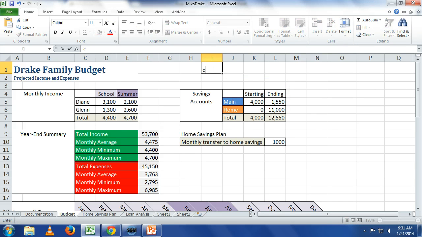Oops, I got caps lock on, I'm sorry. Let's merge and center I1 through J1. It wants us to left align that.